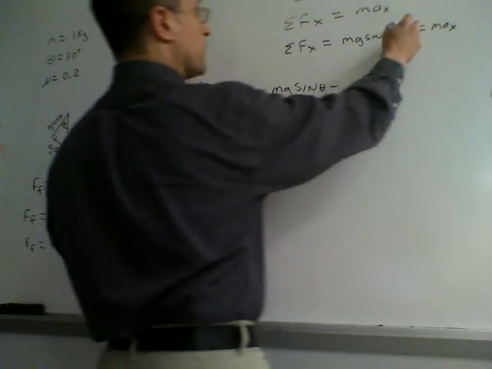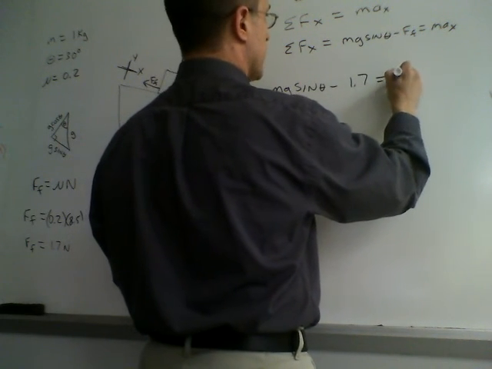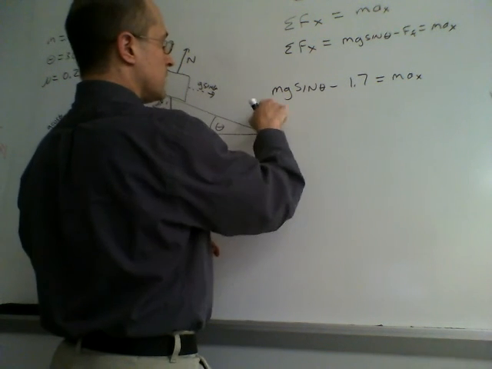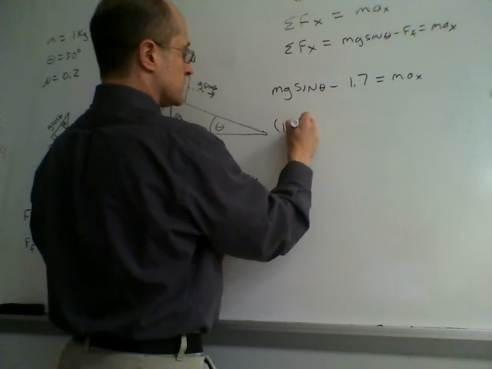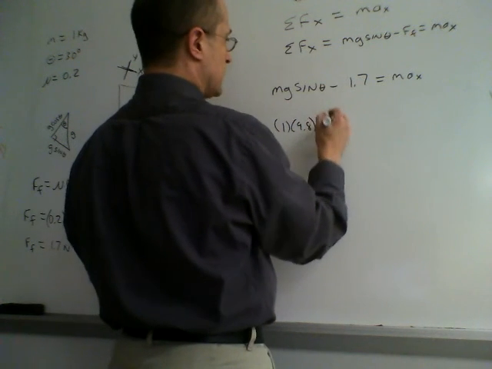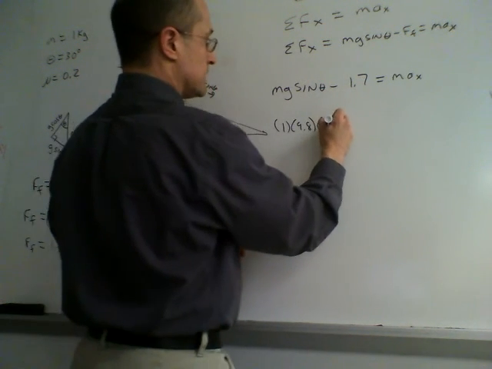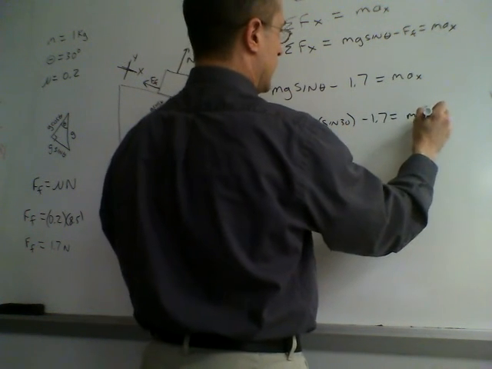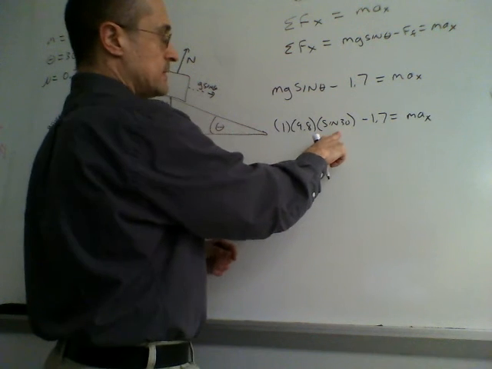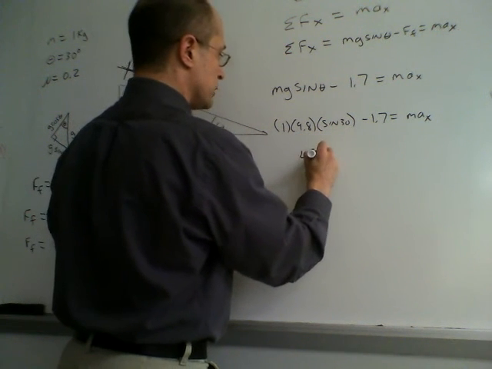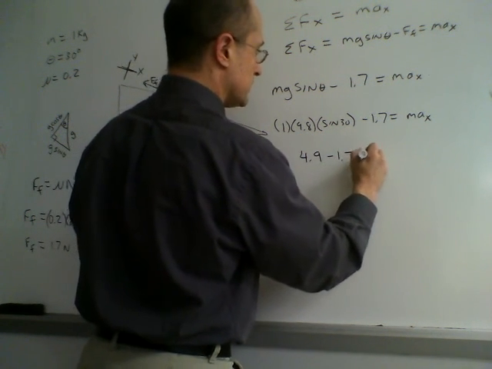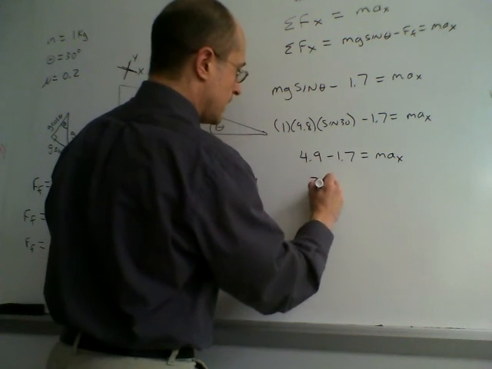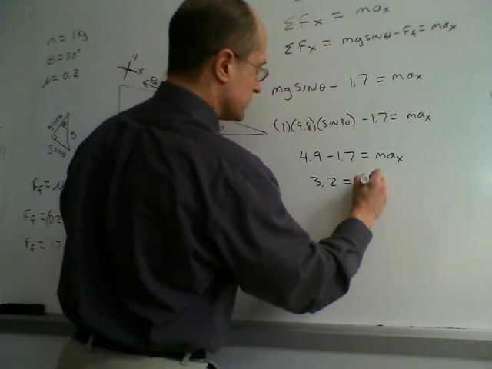So we can plug in the frictional force of 1.7, and that equals m a_x. So mg sine theta: m is 1, g is 9.8, and theta is 30. So that's the sine of 30 minus 1.7 equals m a_x. The sine of 30 is a half times 9.8, which is 4.9. So 4.9 minus 1.7 equals m a_x. So a_x is equal to 3.2.